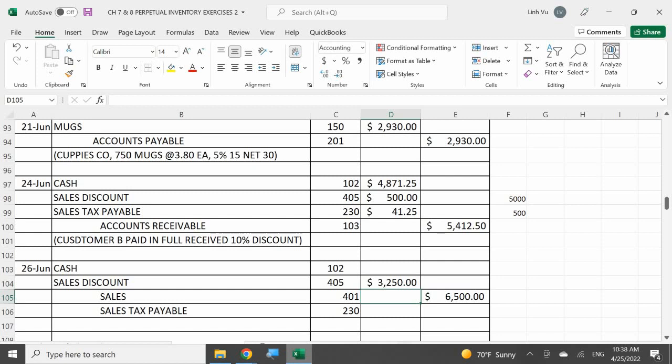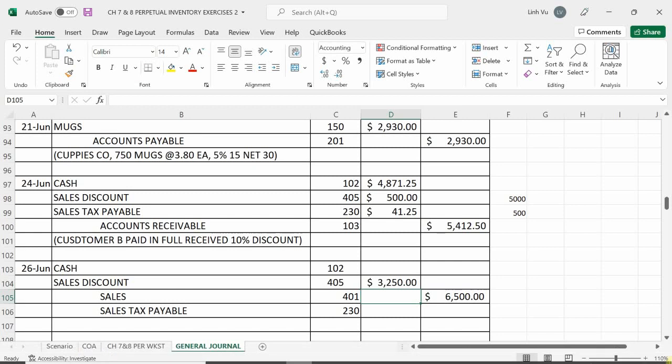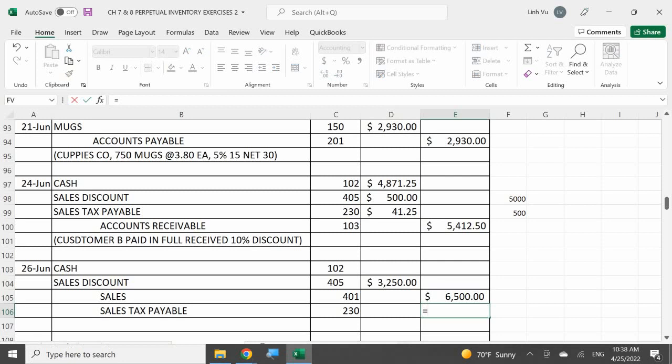So then how much sales tax are you actually going to be charging? $268.13. Okay, because you're doing it based on the discounted amount, which in this case is 50%.